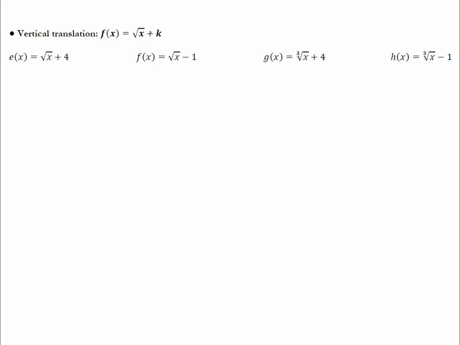Vertical translations. This is when you have plus k. And if you remember in the previous slide, if it's plus k, we go up, and if it's minus k, we go down.